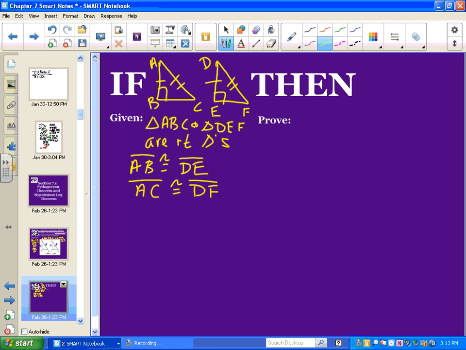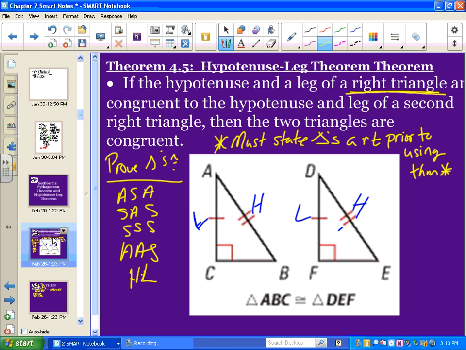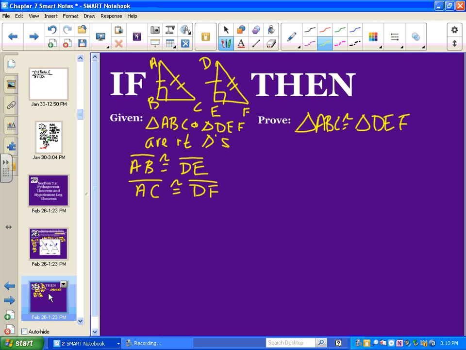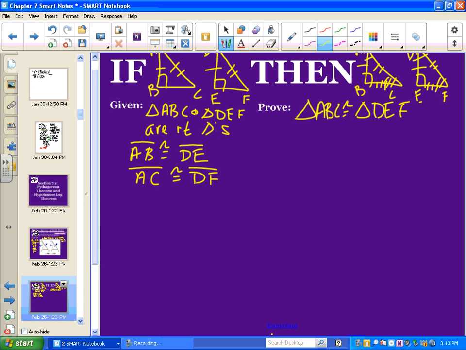We want to prove that triangle ABC is congruent to triangle DEF, because the then part of the theorem says the two triangles are congruent. So if we have this set up in the if picture, then triangle ABC and triangle DEF are congruent, and all the corresponding parts are going to be congruent.